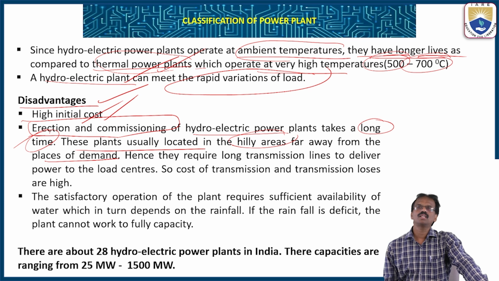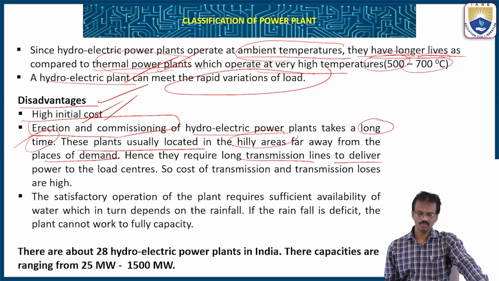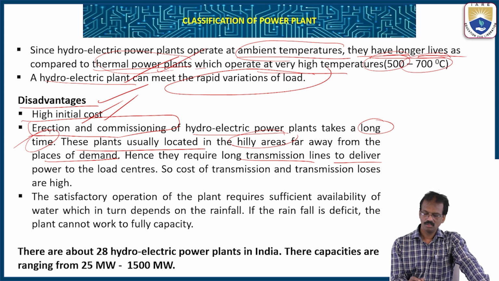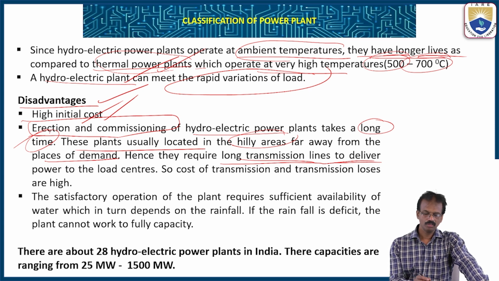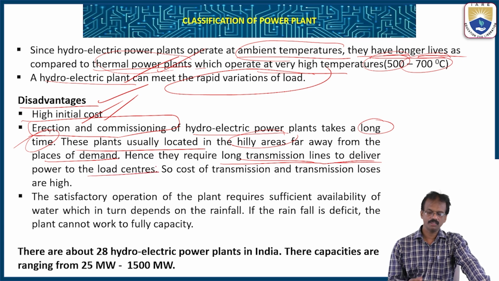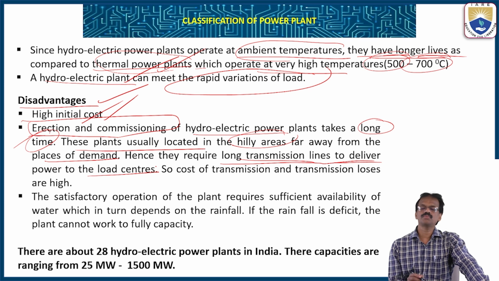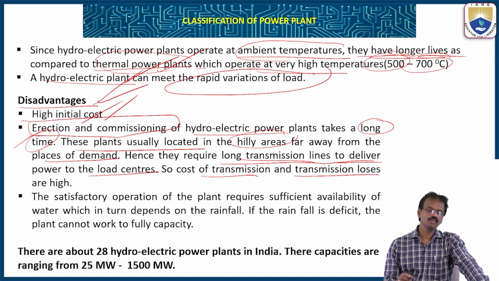Hence they require long transmission lines to deliver the power from hill areas to urban areas, to load centers. So the cost of transmission and transmission losses are also very high here. So these are the main disadvantages.